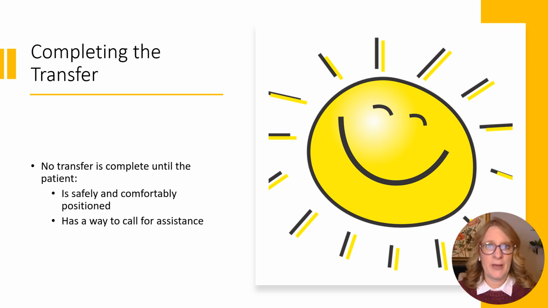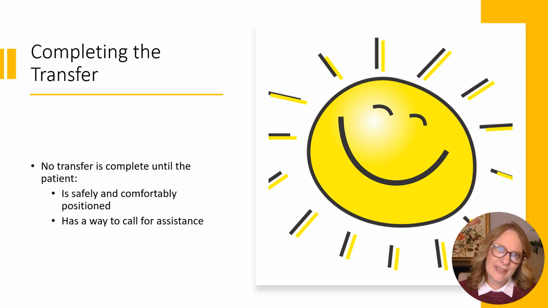It's always better to have more people there until you feel comfortable with a client. You don't want to take chances. You don't want to cause additional injuries. So if you have not worked with someone before, go ahead and have someone there with you as a second assist until you've been able to transfer them.